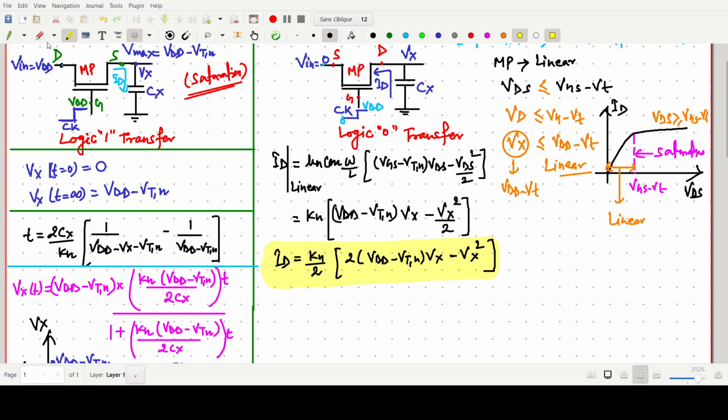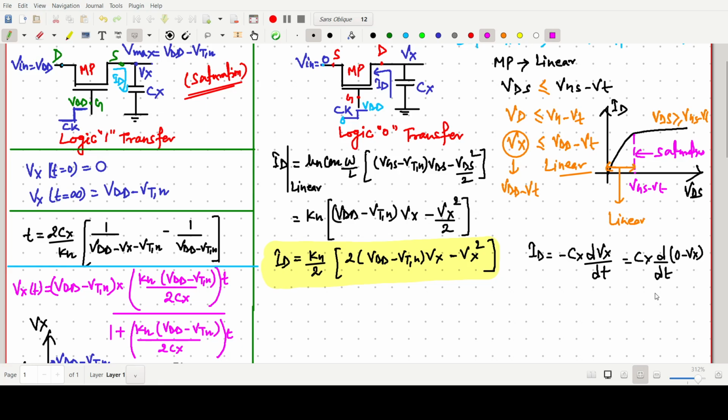In addition to that, there is one more current, because this one is a capacitor and current is flowing from this side. So we can directly write the ID value as minus Cx dVx by dt, because the current is flowing from 0 minus Vx. Or you can write d by dt of (initial voltage 0 minus Vx). This is the capacitor current.